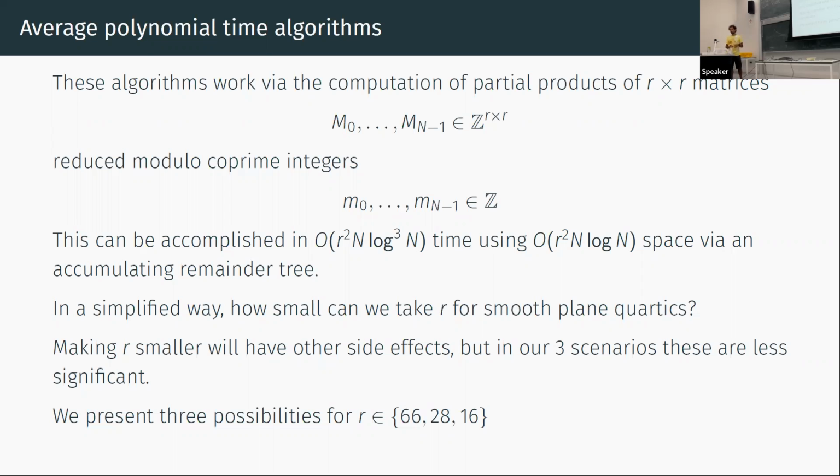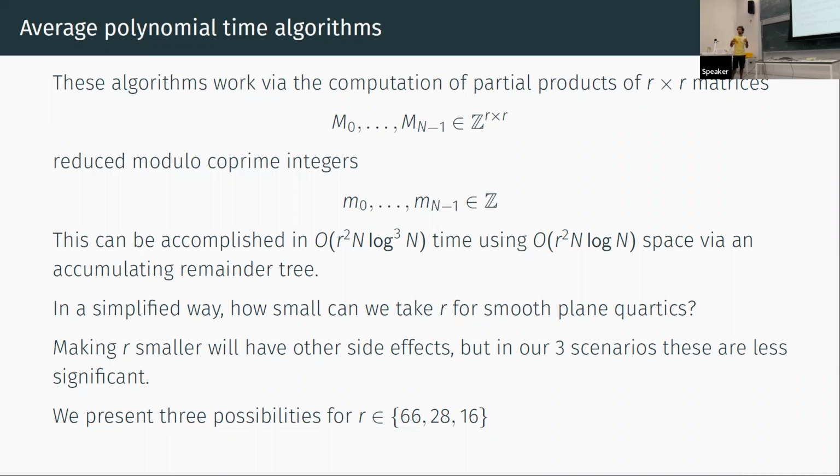And in our case, we can now do this with r by r matrices. In that case, the cost, surprisingly, is not r cubed or r^omega, but r squared. Because what's happening here is that we're multiplying matrices of large integers. So the cost is not really the matrix multiplication.